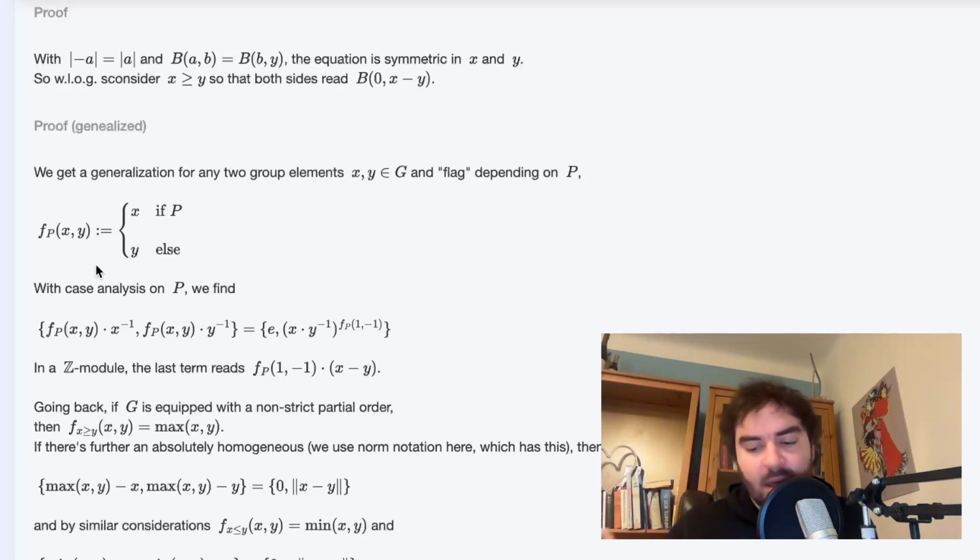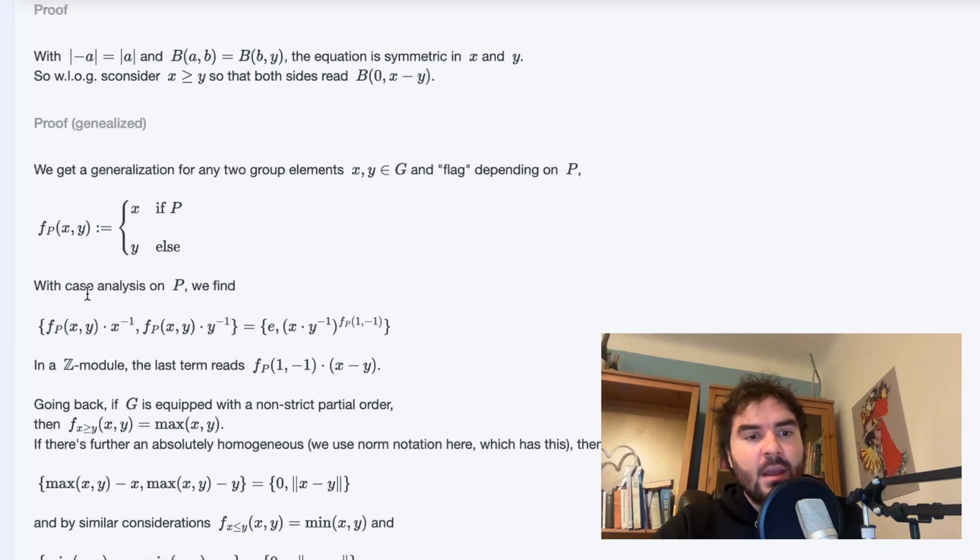So you have any property, in this case let's say a fixed proposition P, and this flag function just decides based on this. Classically speaking, there are basically two worlds: either this f denotes x or this f denotes y. This is our generalization of the maximum function.